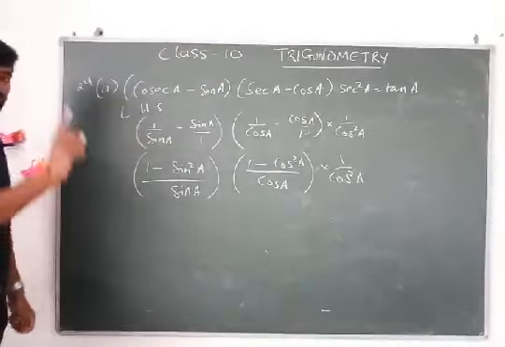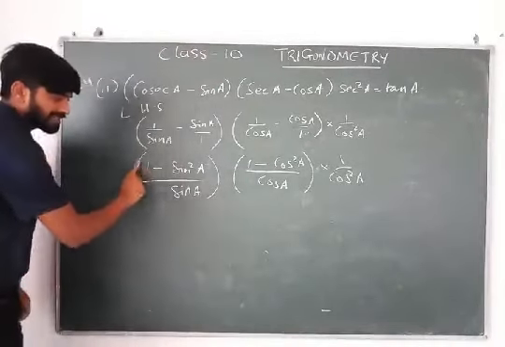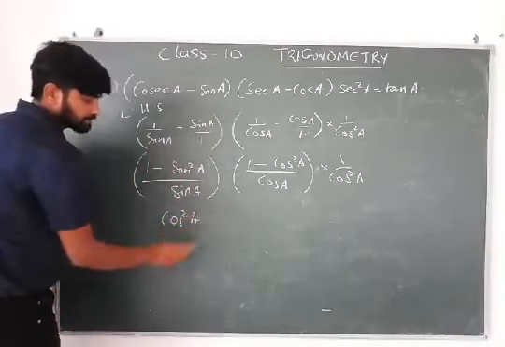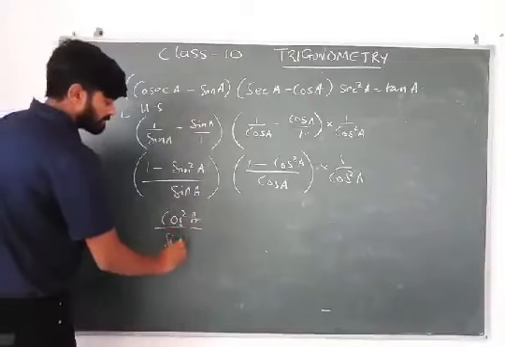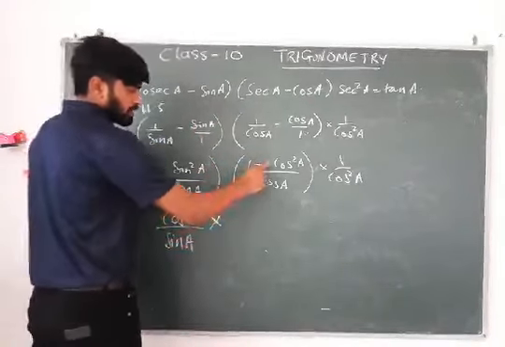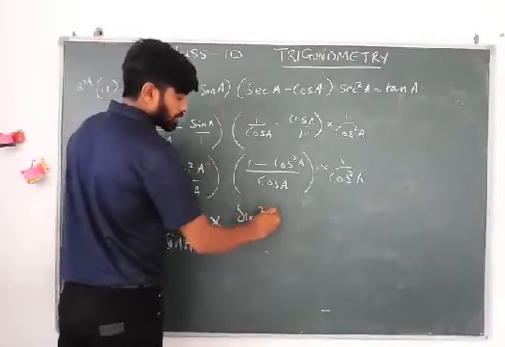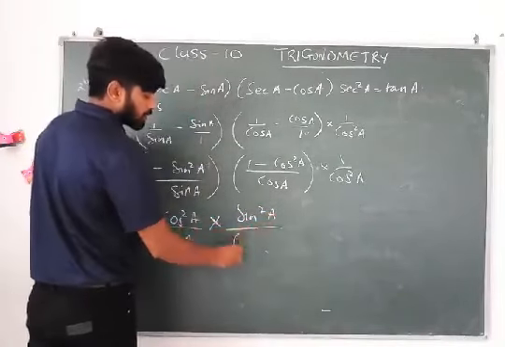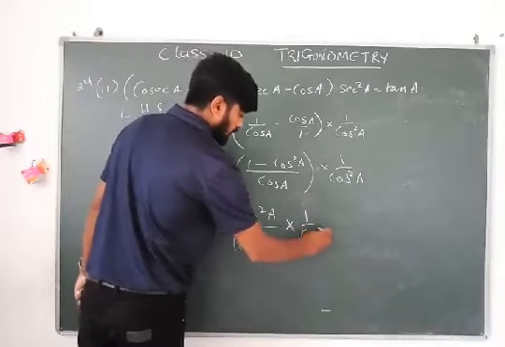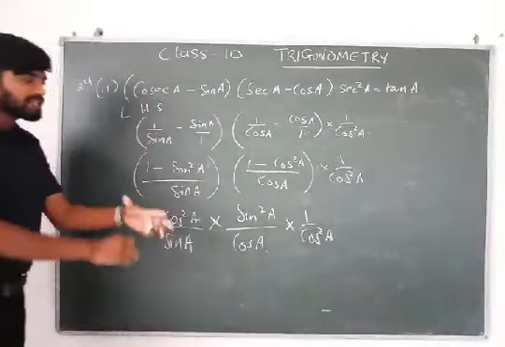But if you keep in mind the very first formula, you understand that this I can write as cos square upon sin a into, there's nothing in the middle, so I am writing into. This can be written as sin square upon cos a into 1 upon cos square a. Right?